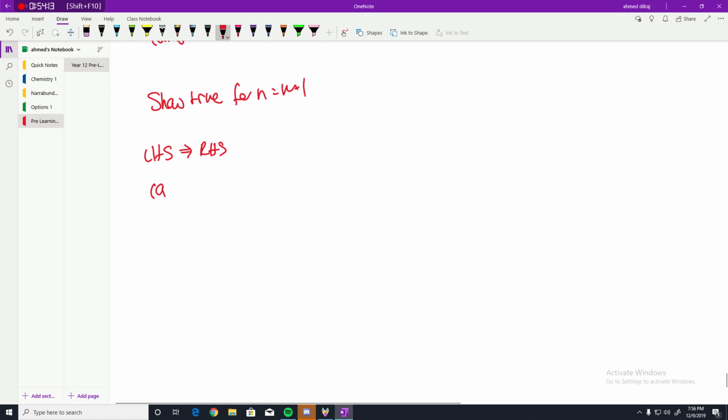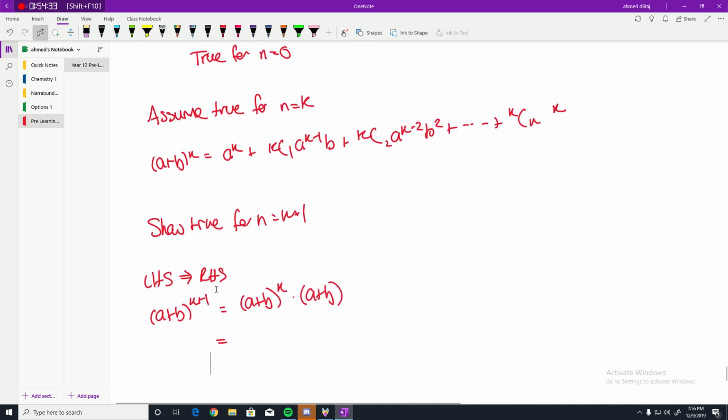So over here we get (a plus b) to the k plus 1, right? Is equal to, this is our left-hand side by the way, (a plus b) to the k times by (a plus b). And (a plus b) to the k is equal to, using our assumption, that, right?